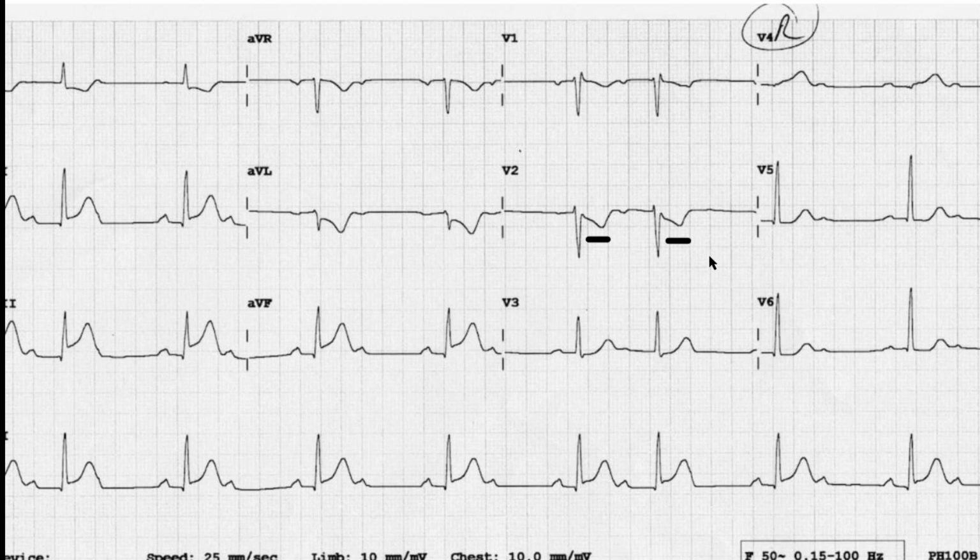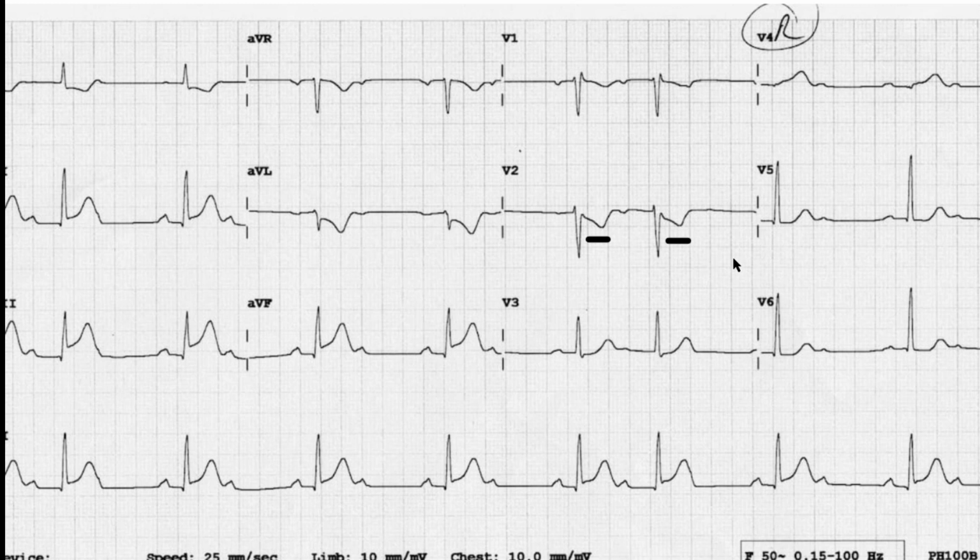So to rule out the involvement of the posterior wall in case of an inferior wall MI, we have to use extra leads, that is V7, V8 and V9. In this way we will be able to rule in or rule out posterior wall MI.